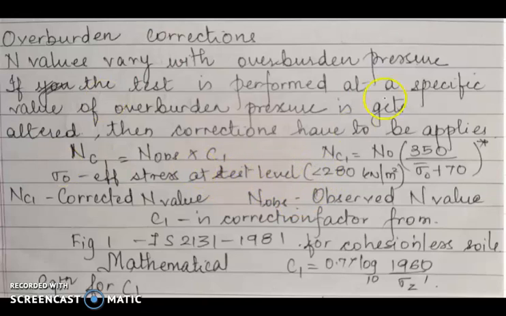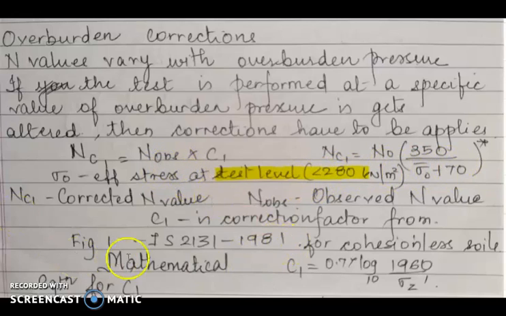It has to be less than 280 kilonewton per meter square. Let's say if it is equal to 280, what will happen? 350 upon 280 plus 70 will be again 350. 350 upon 350 will get cancelled and C will be equal to 1. So if it's anything less than 280, it is not applied.